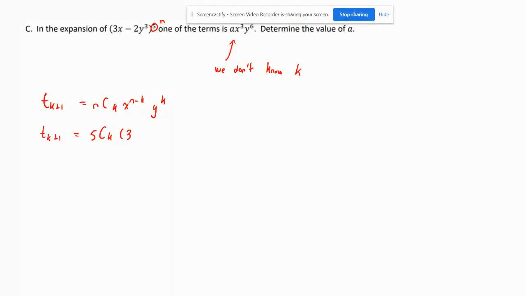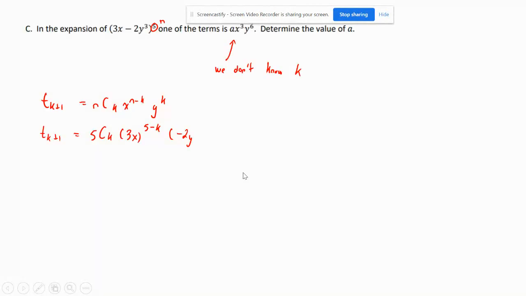We have 3x to the 5 minus k, negative 2y cubed to the k. Now, hopefully, guys, what we're seeing here is this answer was a y to the 6th. That means this term here must end up being something y to the 6th. Now, if this is y cubed, I'm taking to the power of k, therefore, k must equal 2.